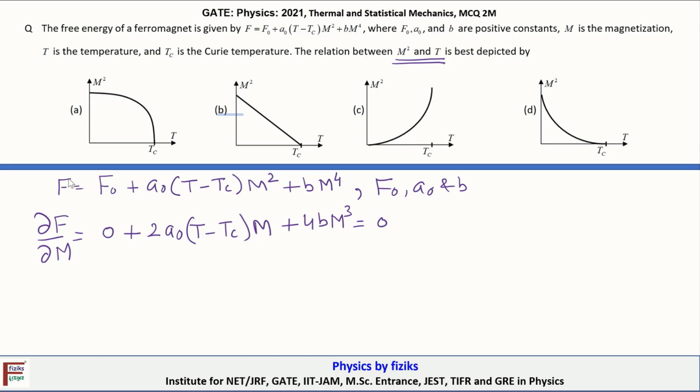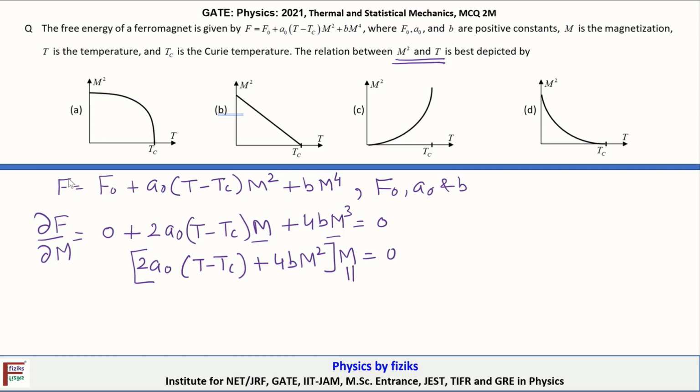Okay. So now we will take some of the terms common. In both of these expressions M is common, so we will take it outside. We will be left with 2a naught (T - Tc) plus 4b M square, multiplied by M, and this is equal to 0.